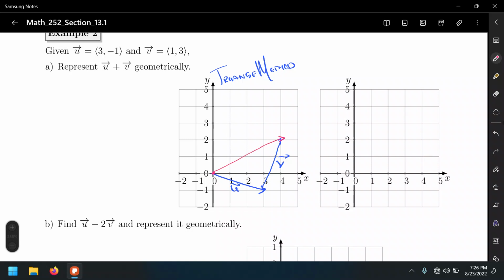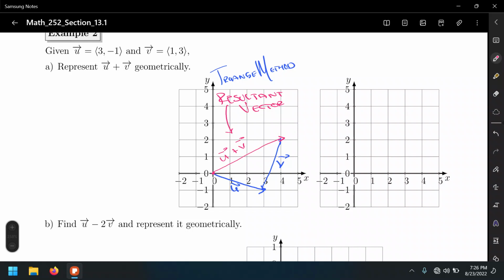That's why this is called the triangle method, because this gives rise to a triangle, and this is denoted u plus v. That's the addition of the two vectors, and this is called the resultant vector. All right.